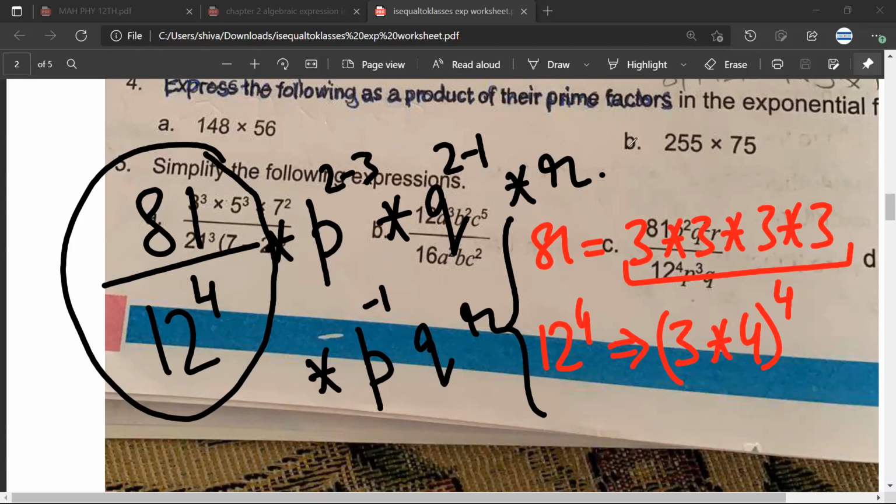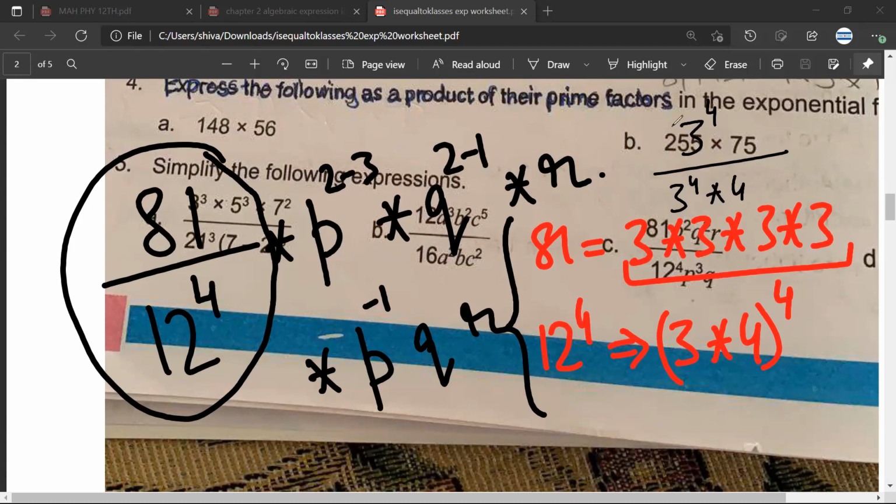So now I can write 81 as 3 raised to power 4. And I can write this 12 raised to power 4 as 3 raised to power 4 into 4 raised to power 4. Ariman, are we clear? Yes, sir.